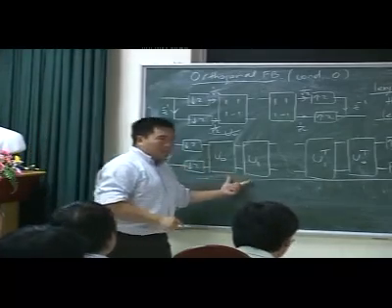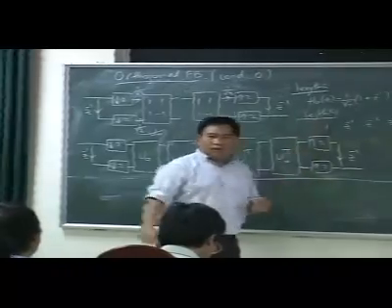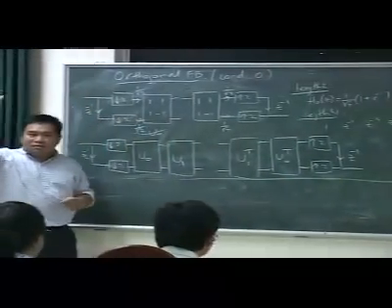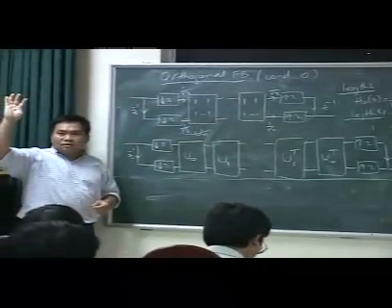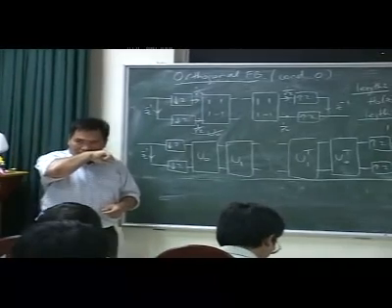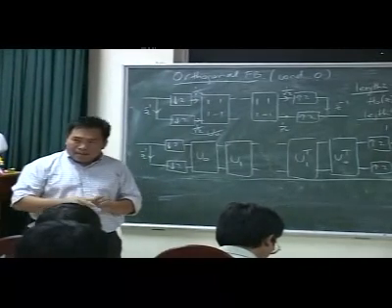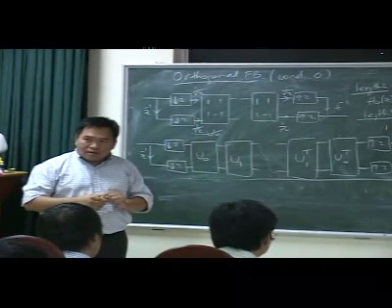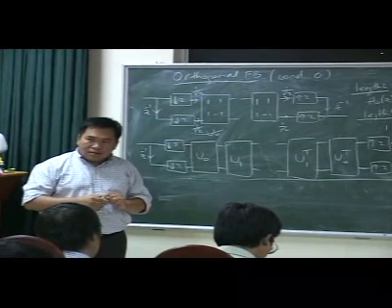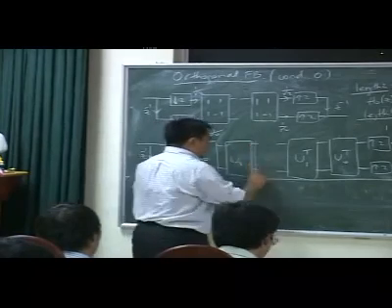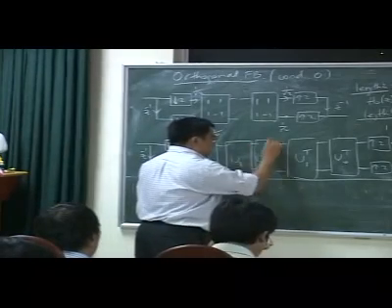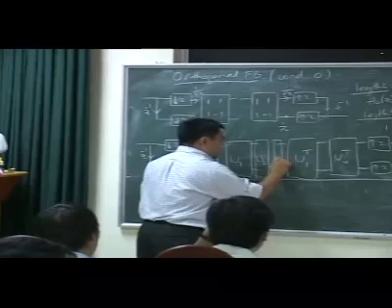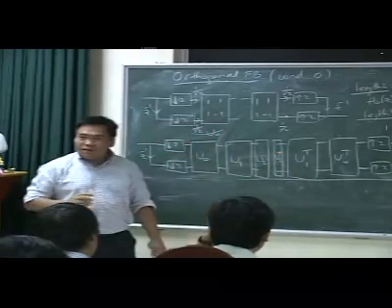Would this structure give me a length 4 system? Who thinks yes? Who thinks no? Why? Why not? I think U0 is length 2, U1 is length 2. So the convolution would be 3. Okay, so I add another one. Now give me length 4.